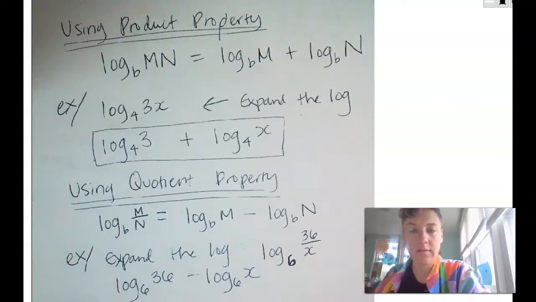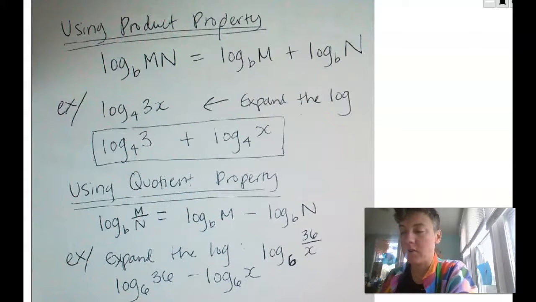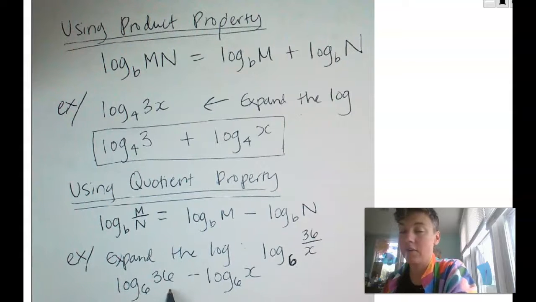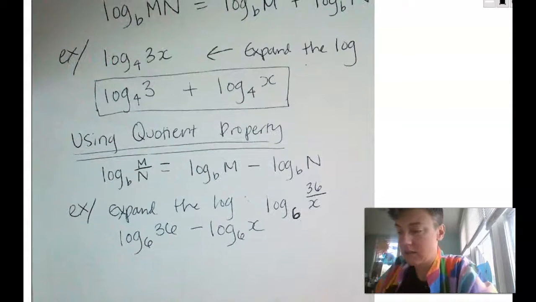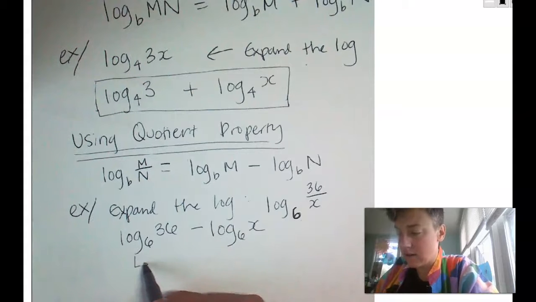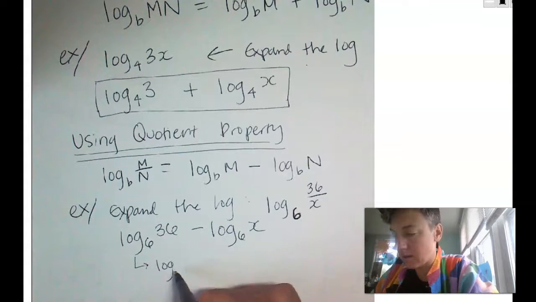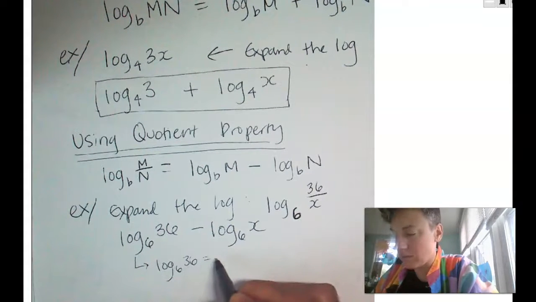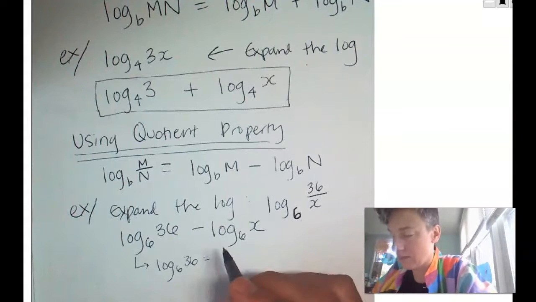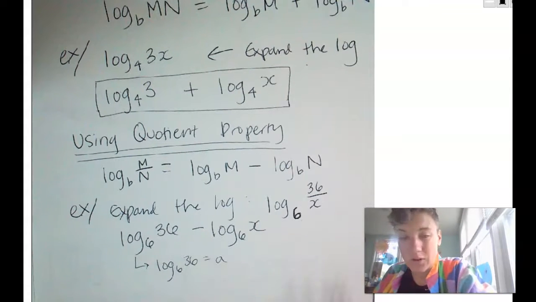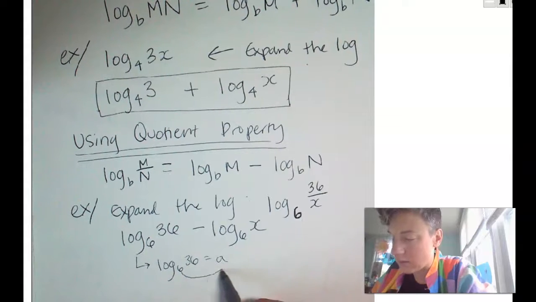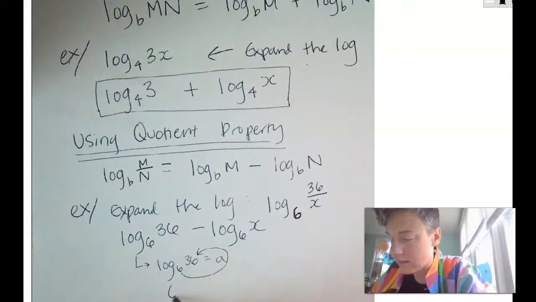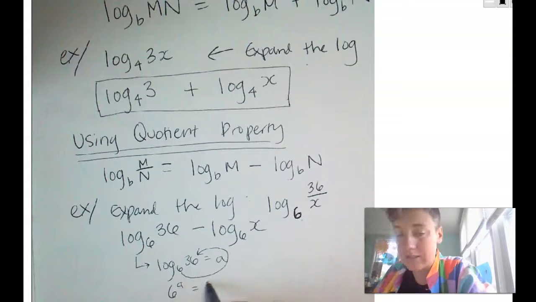Fabulous. Now the question doesn't specifically ask us to do this, but log base 6 of 36, we could evaluate that. Right? We looked at that. Log base 6 of 36 equals some number, let's call it a, since we already used x somewhere else. So this would be 6 to the a power equals 36.